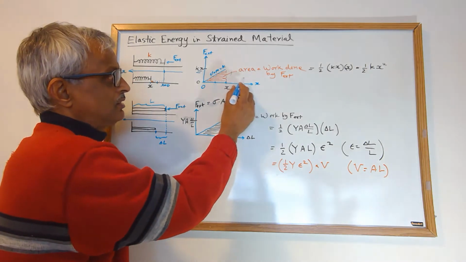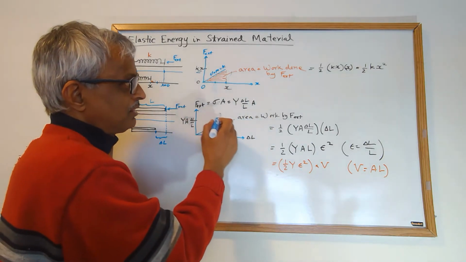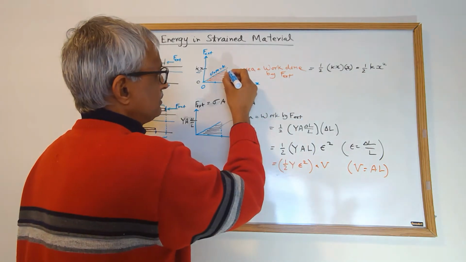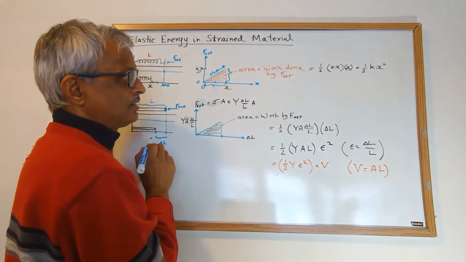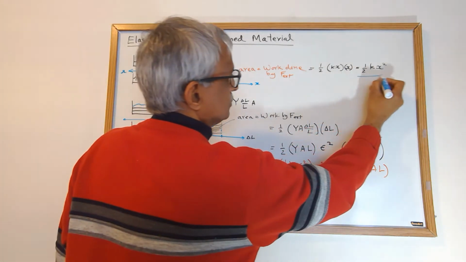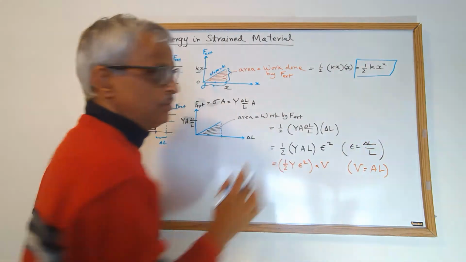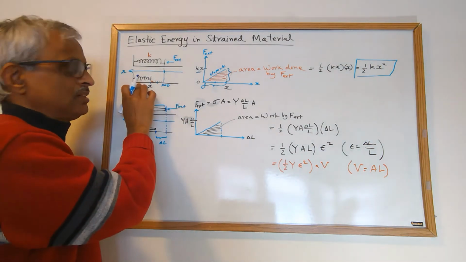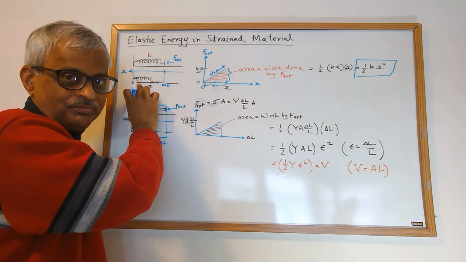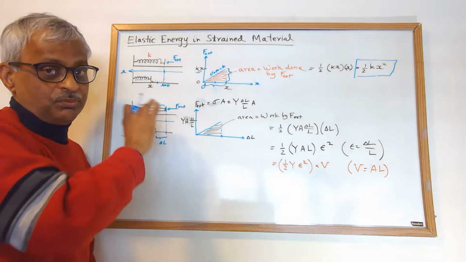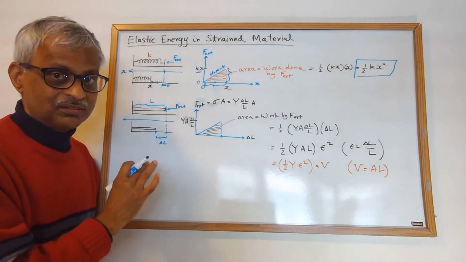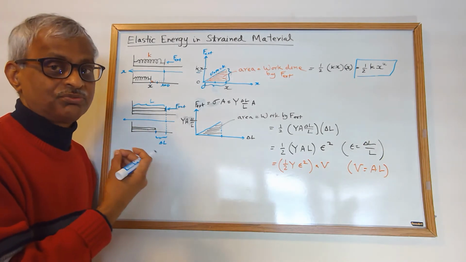It's very easy: a triangle, with area one half. The height is kx and the base is x, and this is the amount of work you did. That's the amount of energy stored here. So we say the energy of the spring is half kx squared. This is a very physical way of thinking about where the energy in this spring comes from.